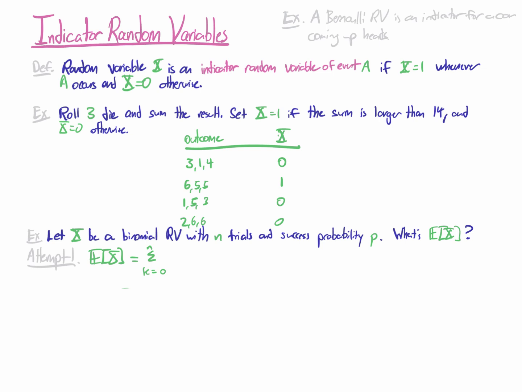I could have 0 coins come up heads, or I could have n coins come up heads, or anywhere in between. Value k times the PMF of x evaluated at k, which is equal to the sum from k equals 0 to n of k times n choose k times p to the k times 1 minus p to the n minus k.